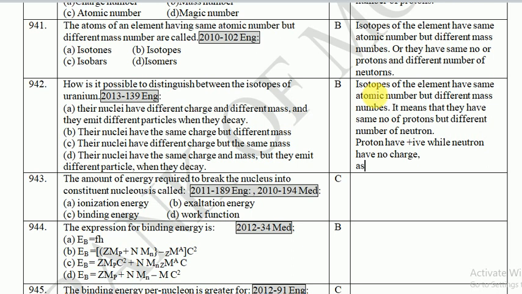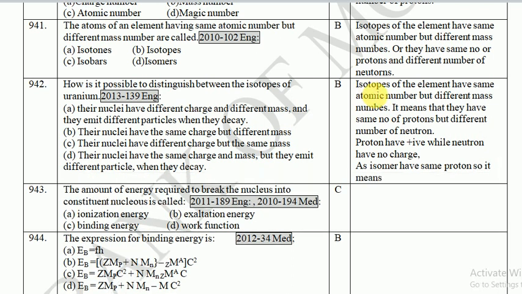Isotopes have the same number of protons, so it means they have the same charge, because neutrons have no charge.